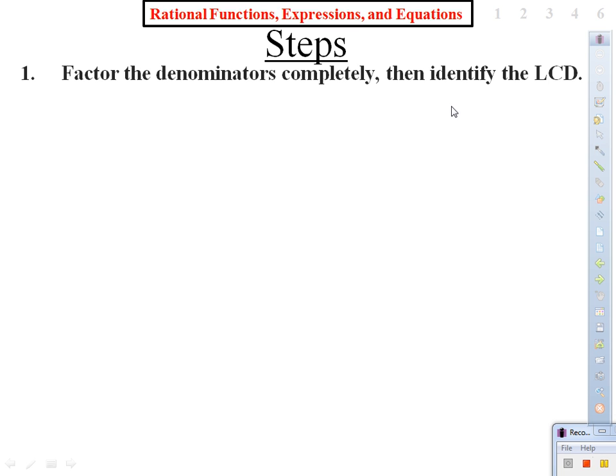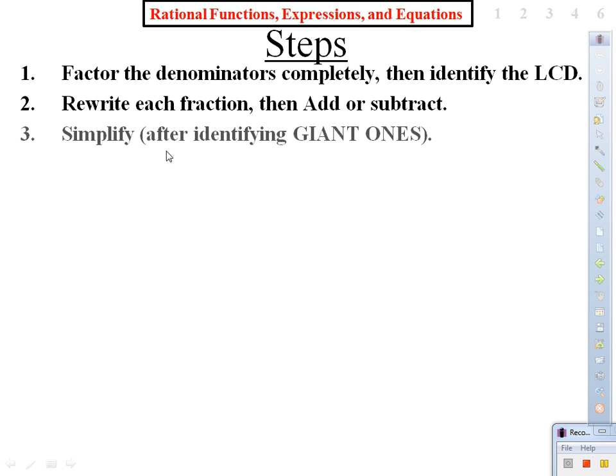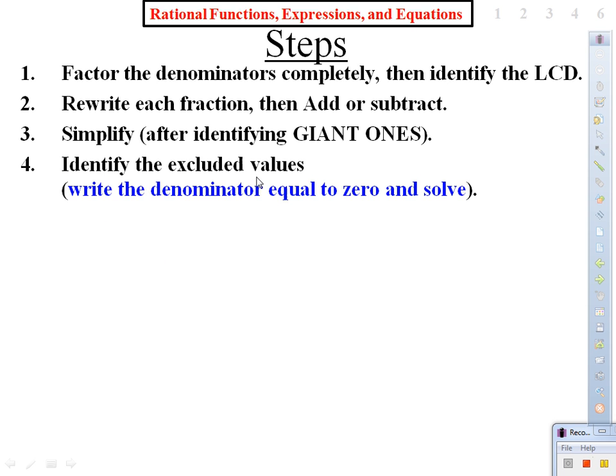First, check to see if it has a common denominator. If it doesn't, I need to factor completely the denominators to identify the LCD. Number 2, rewrite each fraction, then add or subtract. Pretty simple. Step 3, simplify after identifying GCFs. We've done that. And the last thing I'm going to add is identify the excluded values.